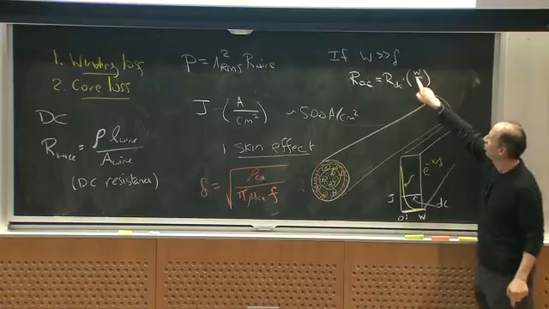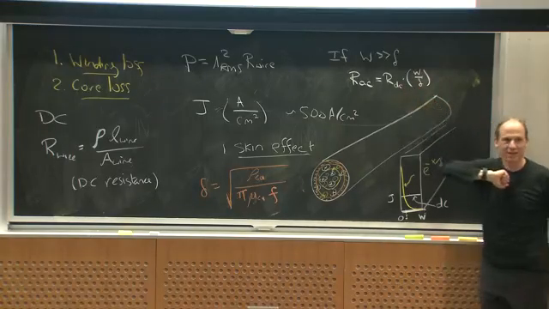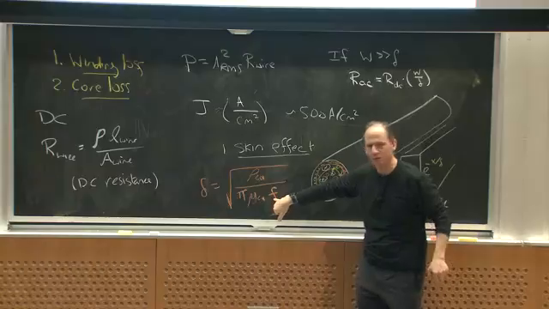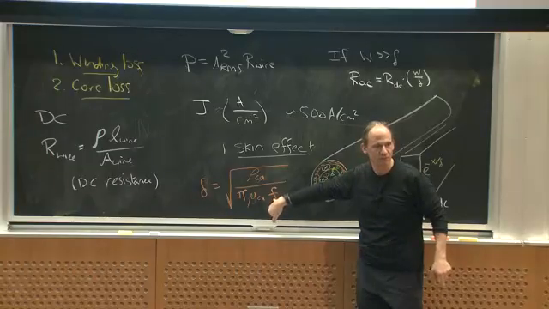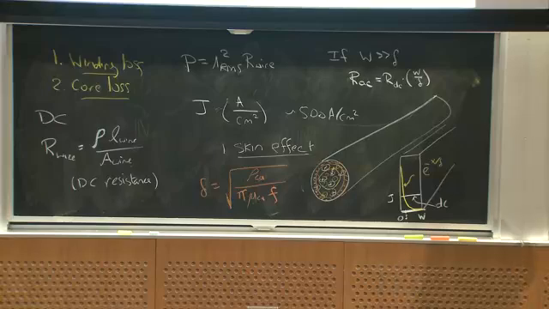So if my width of my wire is 10 skin depths, my AC resistance is 10x the DC resistance. And from this, my AC resistance goes up as the square root of the frequency of what I'm carrying when I get into this regime. Any questions about that?